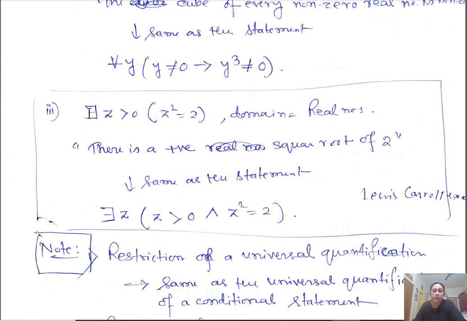There exists z greater than 0 such that z square equal to 2, domain real numbers. So this essentially means there exists some positive real square root of 2. There exists some z which is a square root of 2 as well as positive.